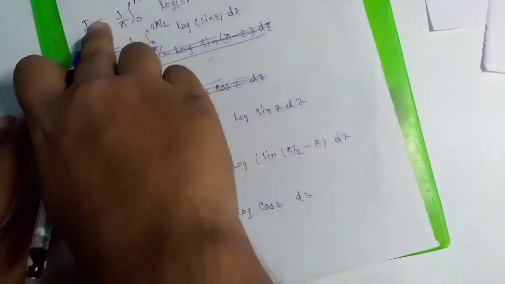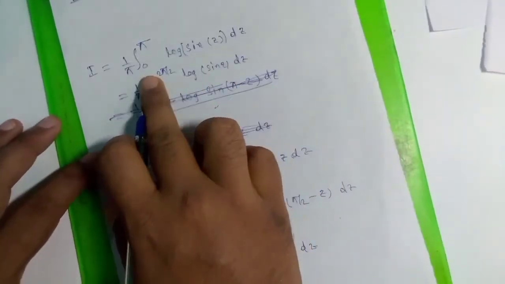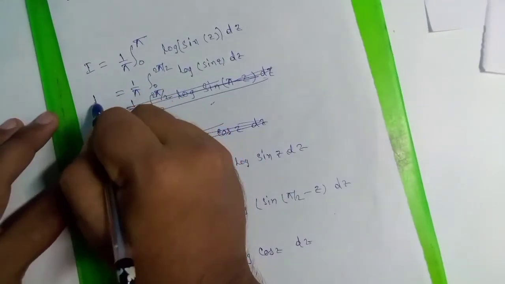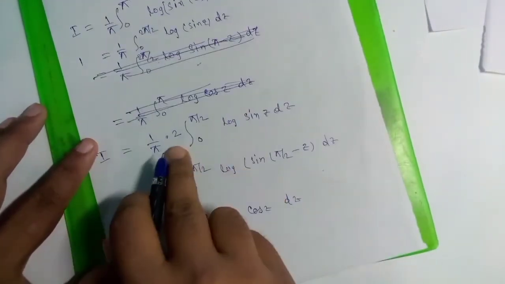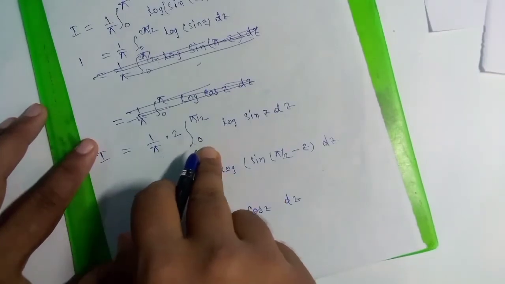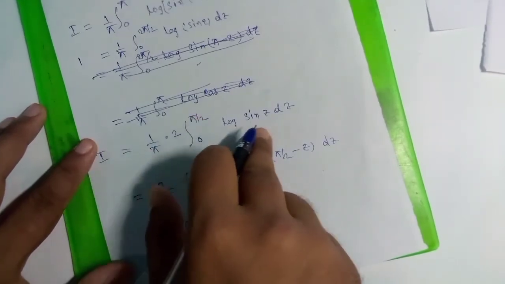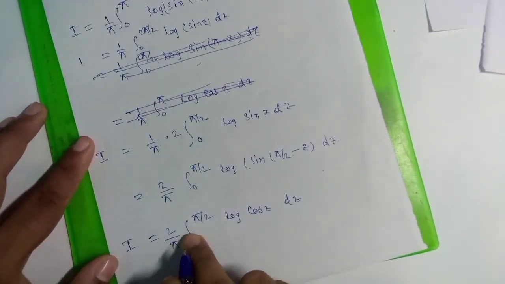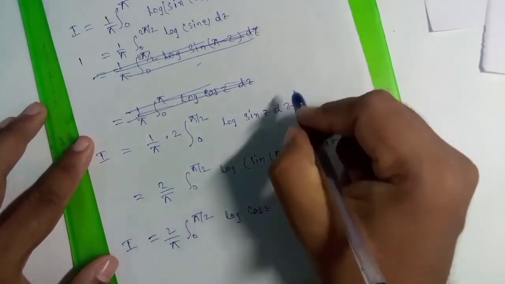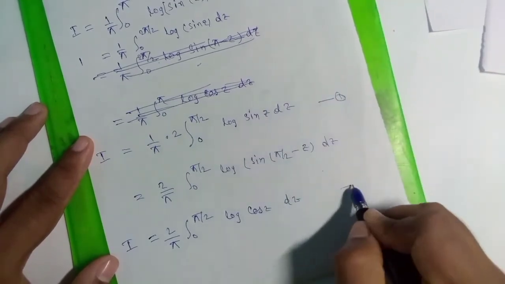Now adding these two equations: I is 2 by pi integration over 0 to pi by 2 log sin z dz, and I is again 2 by pi integral 0 to pi by 2 log cos z dz. This is equation 1 and this is equation 2.